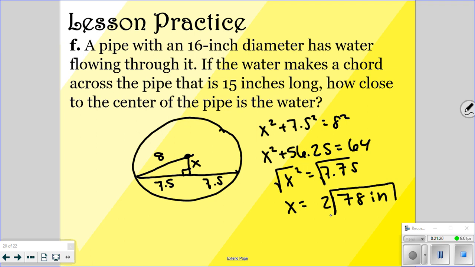And so that would be your answer. So hopefully you're able to get most of those right. If you're having trouble drawing the pictures, you're always going to try and make a right triangle. So that's what you're trying to get to, some kind of right triangle.